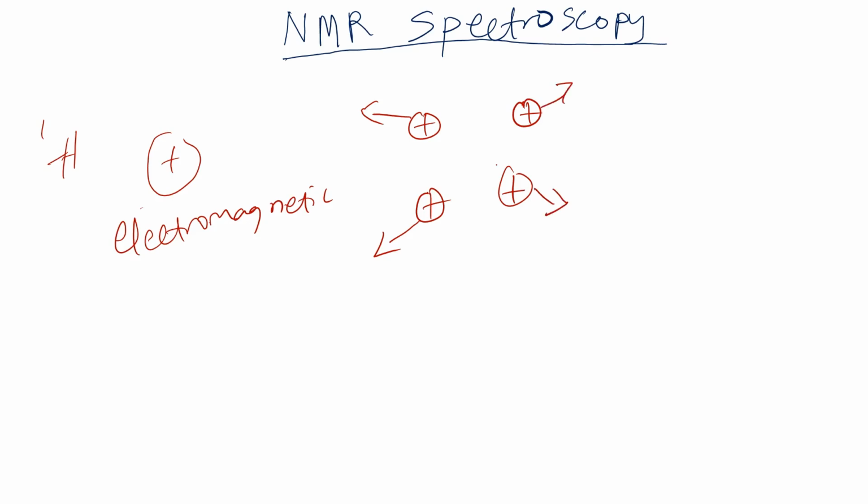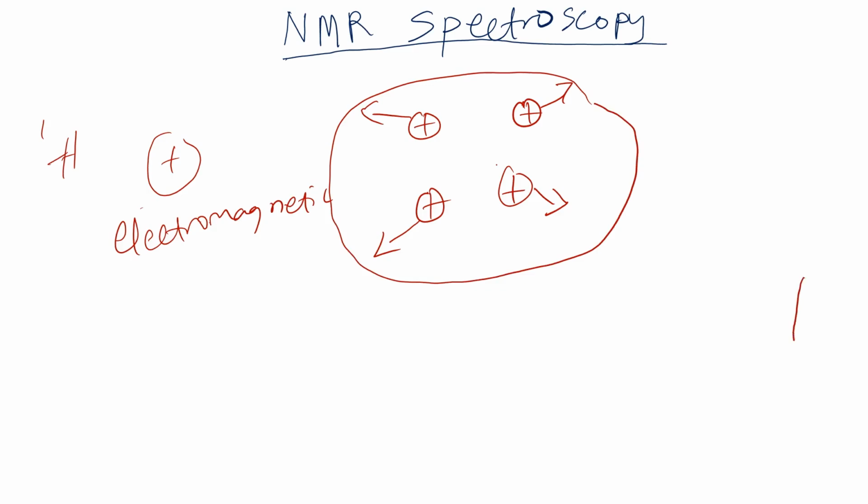Now, when these protons are placed in an external magnetic field, let's call that external magnetic field B naught, this B naught has a direction. Some of them will align with the direction of the external magnetic field, while some of them will align opposite to the direction of the magnetic field.